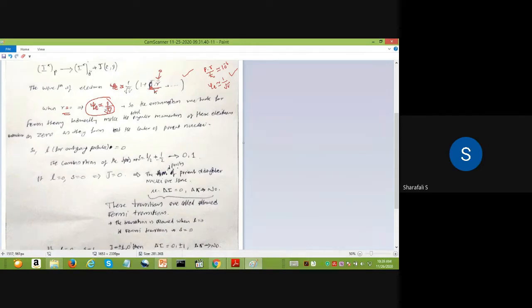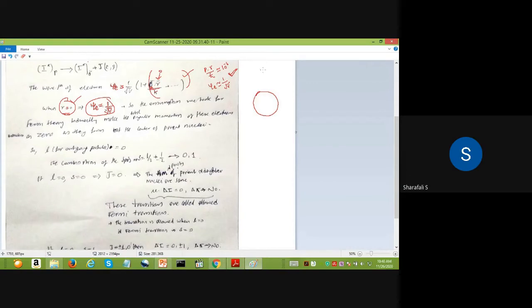So if you are neglecting these terms, it means that we are approximating with the same result as when you get the result with r equal to 0. Okay, so the result with r equal to 0 and the result with this approximation are the same concept.